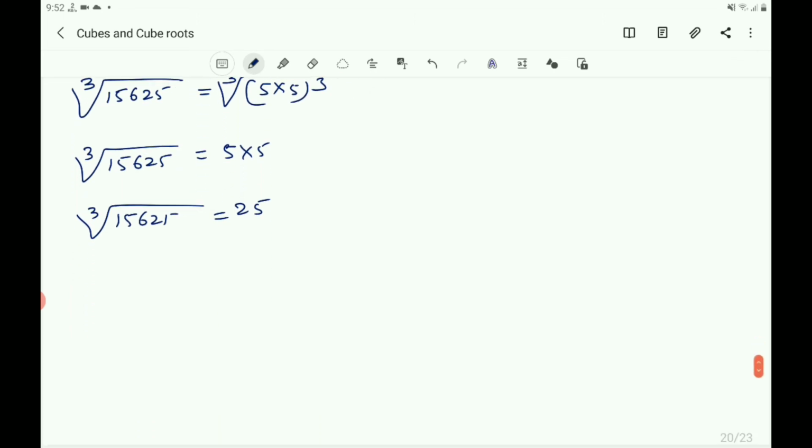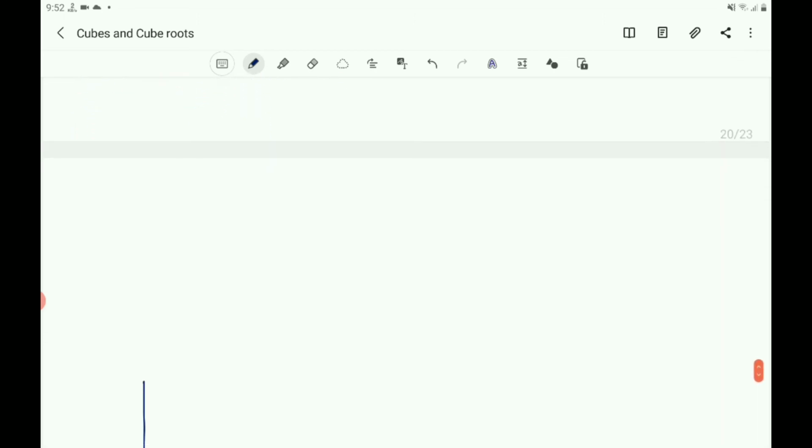Next, let us take one more. That is 6th one. Find the cube root of 13,824 by prime factorization method, and you take that number 13,824. Find the prime factors of this number, and you know that the unit digit is 4, so it is divisible by 2.